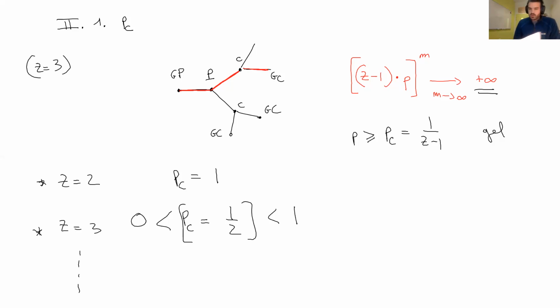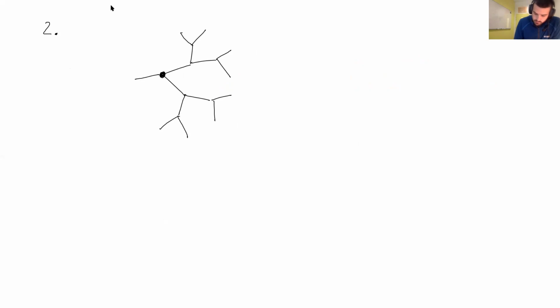Now we would like to discuss the sol and gel fractions in my problem. So P sol and P gel, and to do that, we ask the following question. So we take a given monomer. So let me just draw again my favorite lattice when Z equals 3. And let me consider one particular monomer, this guy.